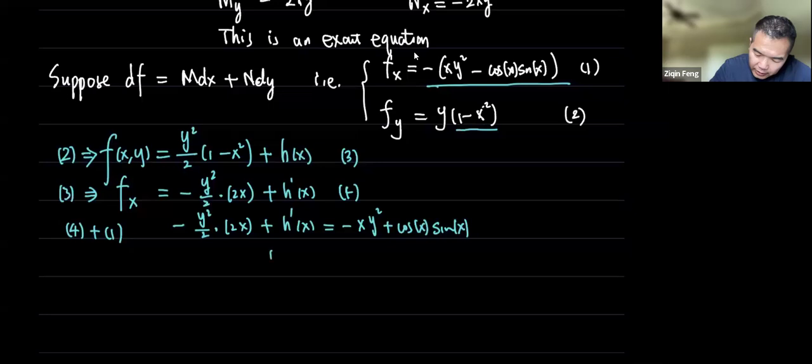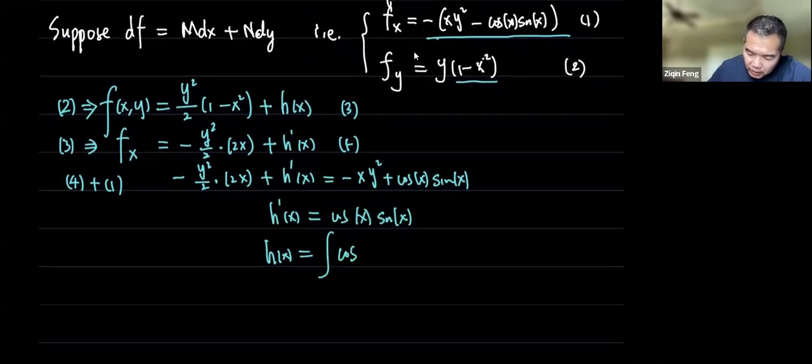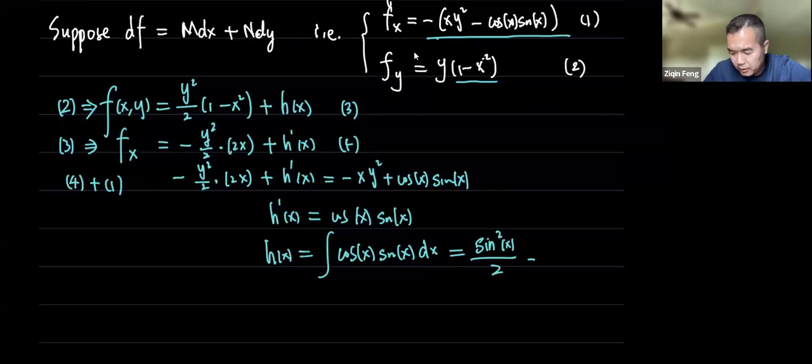So you get h prime of x is cosine of x sine of x. So we choose our h of x as the integral of cosine of x sine of x dx. You can use u substitution, let u equal to sine x, and then du is cosine x dx. So you get sine squared of x over 2, then plus a constant, let's call it c1, right?